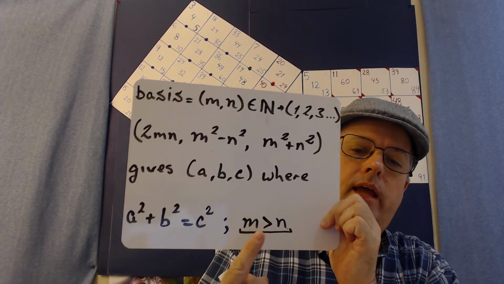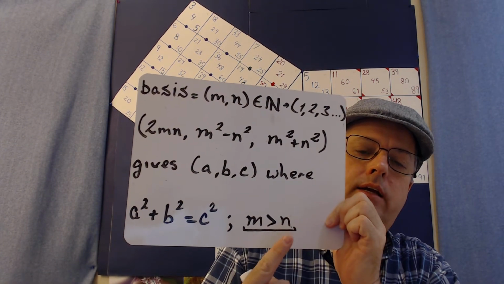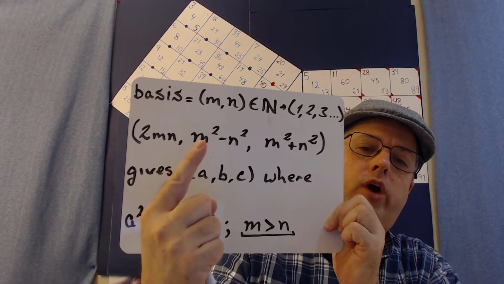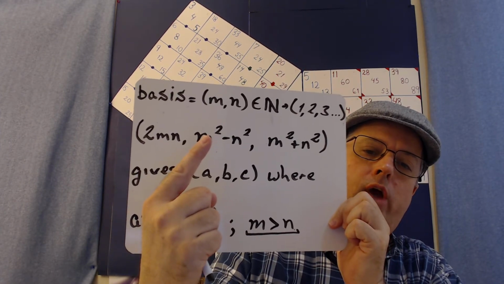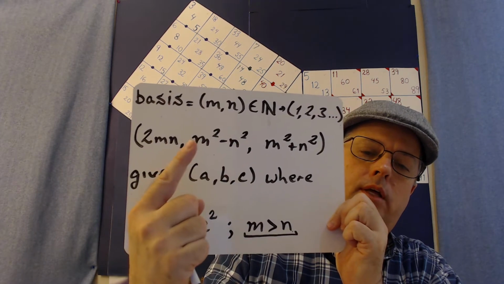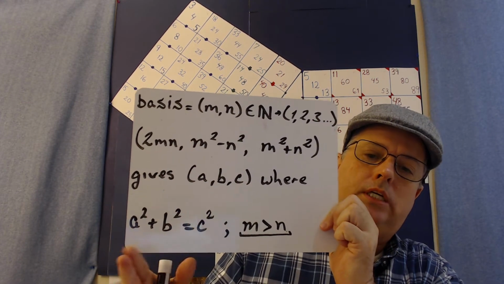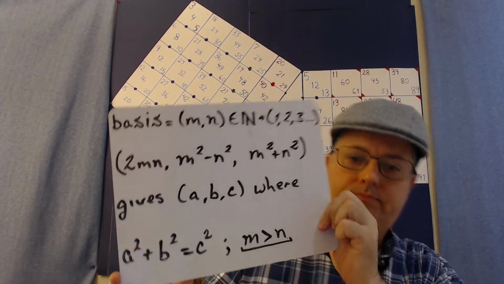And again, m has to be greater than n because here we have a subtraction. So the m value has to be greater than the n value so that m squared minus n squared will always end up being positive.